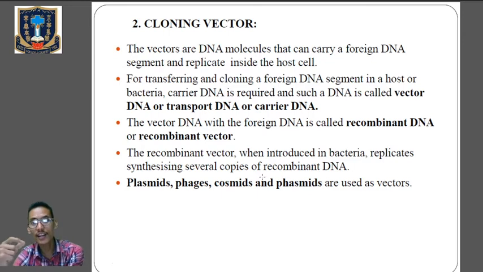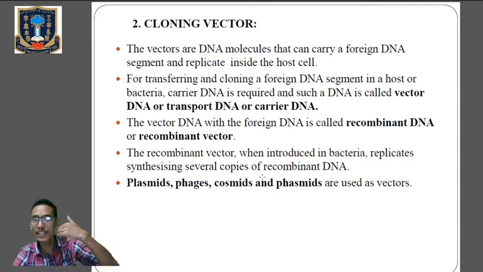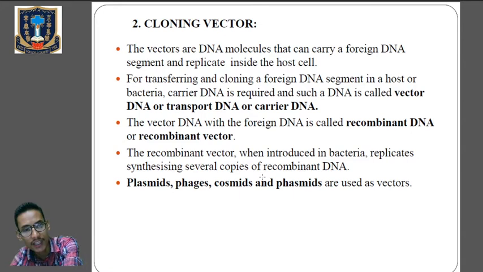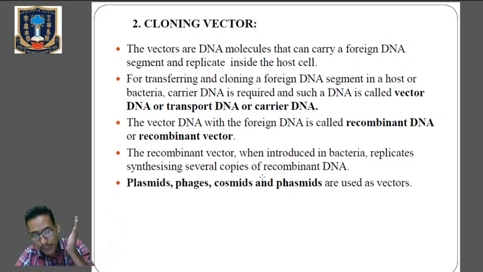Not only are they able to carry the foreign DNA segment having the gene of interest, but they are also able to replicate it. They are able to multiply it within the host cell. If you remember, recall that the recombinant DNA after its formation was inserted into the E. coli cell, and whenever the vector DNA used to replicate, the foreign DNA segment also used to replicate.